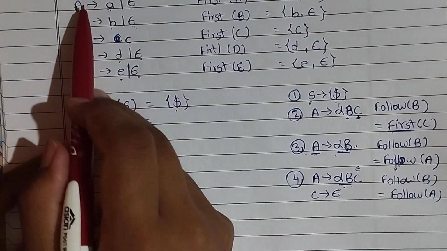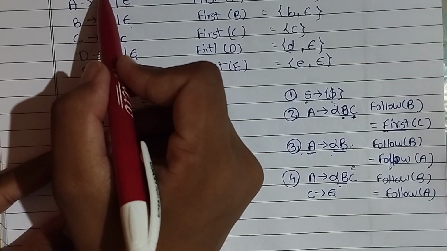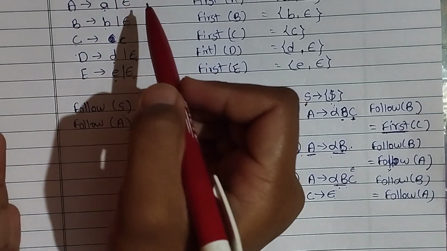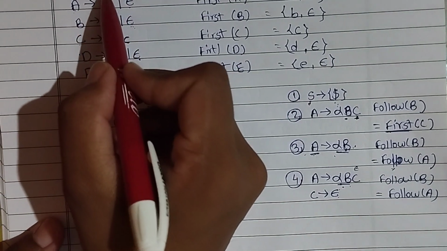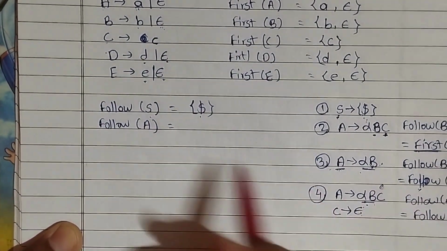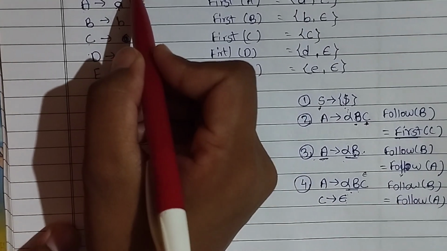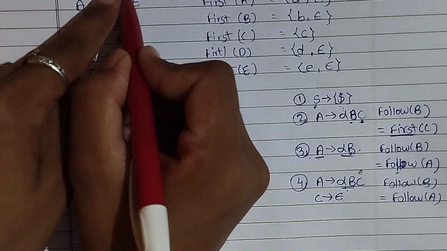Now see where A is present. For this A, only one position on the right side has A, and this A is followed by B, but B is a non-terminal.